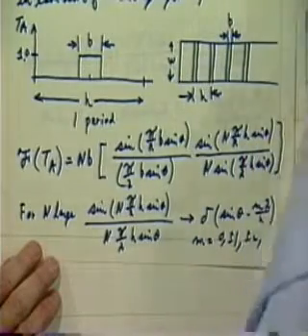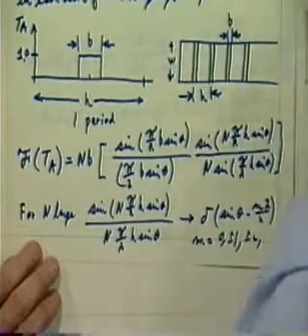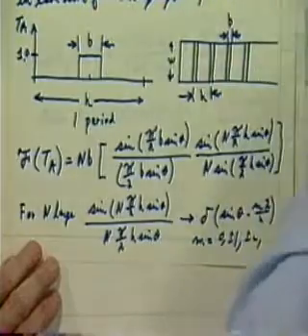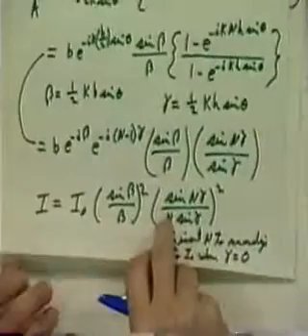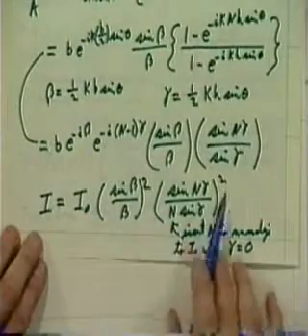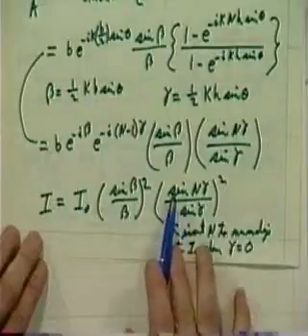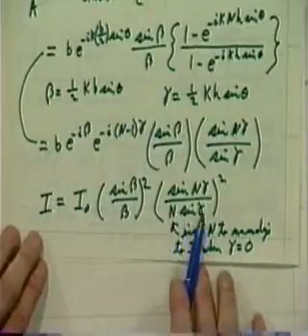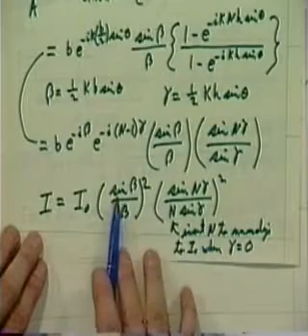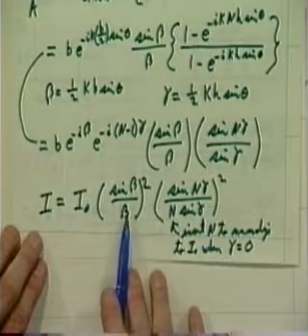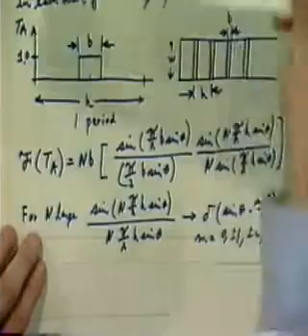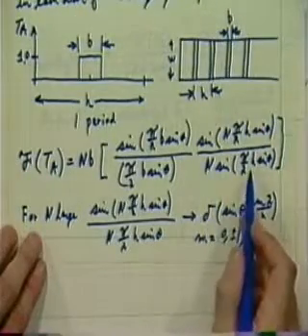Remember when we did this, go back a few pages. When we went through and calculated this, you get sine of n gamma divided by n sine gamma. While over here we got the sine of beta divided by beta. So it should be what I've written here.